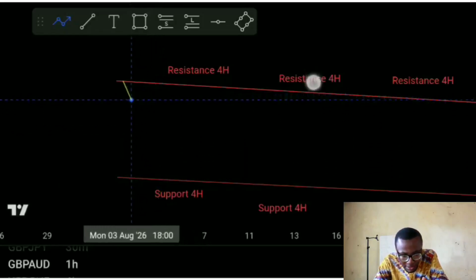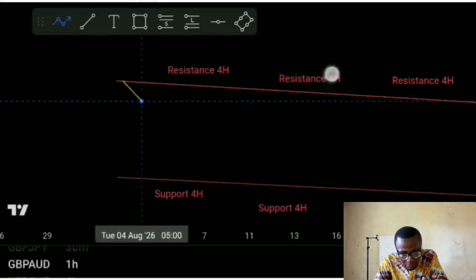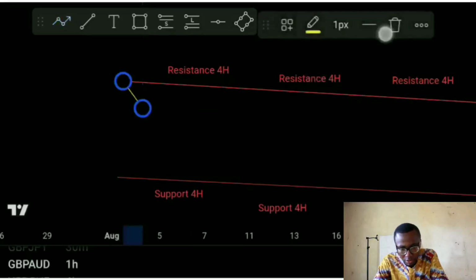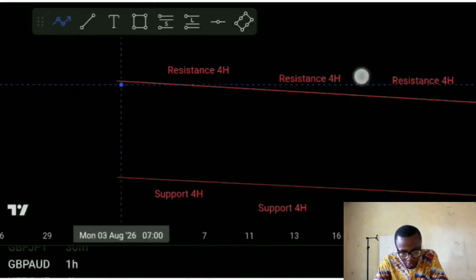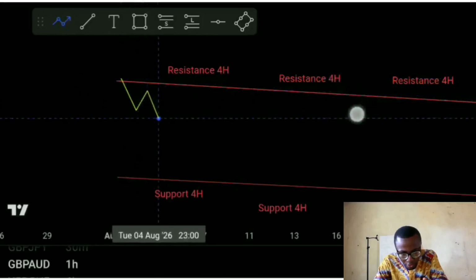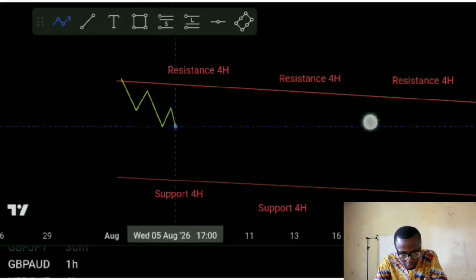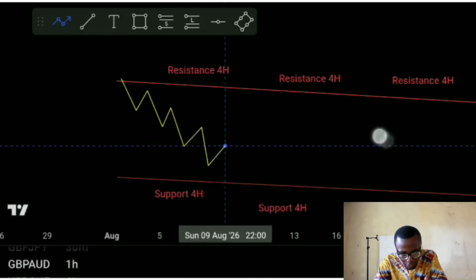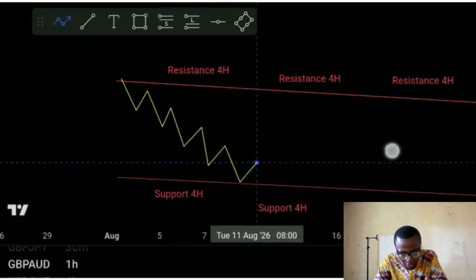But if you look at it, it's actually going to be a downtrend. It's going to come down, go up a little, come down, go up a little, and keep repeating that.